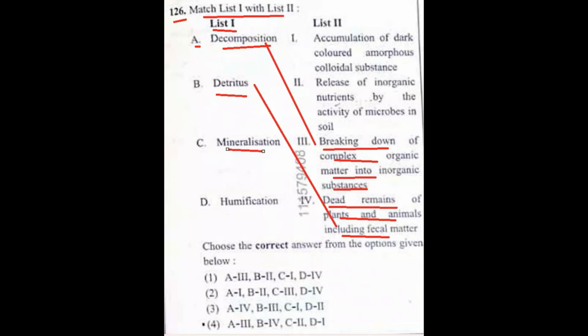Mineralization, that is C, will be release of inorganic nutrients by the activity of microbes in soil. And last option D, humification, accumulation of dark colored amorphous colloidal substance. So that is 1. Now here the option which is correct is option 4.